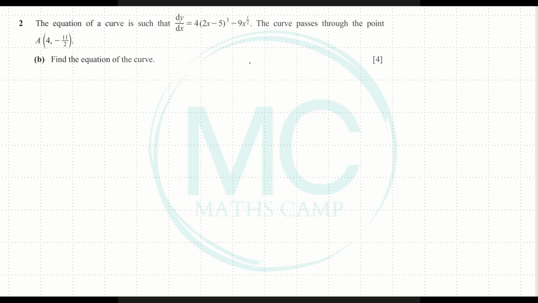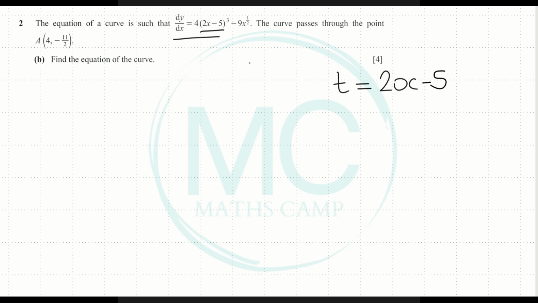Find the equation of the curve. Because we have the brackets in our derivative, the best way to integrate is to use the reverse chain rule. So let's start by making our bracket t. So we can say t is equal to 2x minus 5.